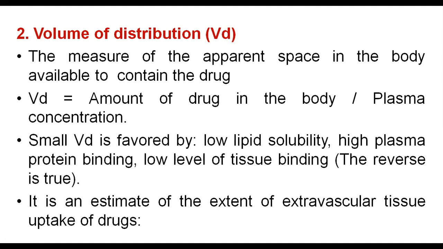Because then such a drug will be attracted to the extravascular compartment, and only a small percentage will remain in the plasma. So the volume of distribution is an estimate of the extent of extravascular tissue uptake of the drug. We want to see how much of the drug will actually go out of plasma into the tissues.